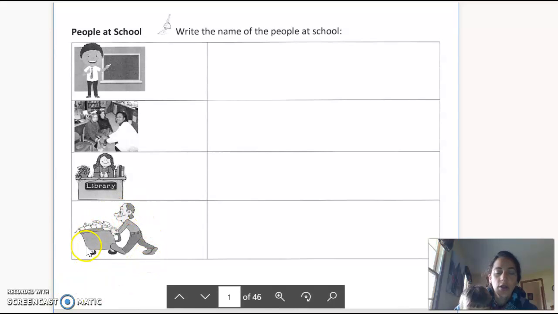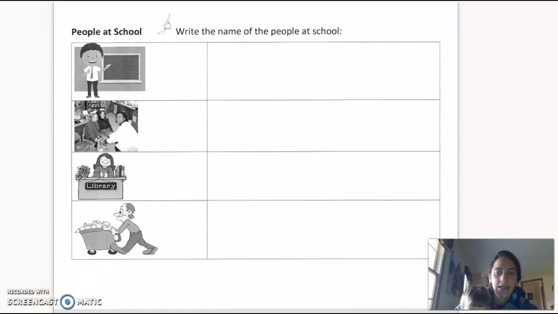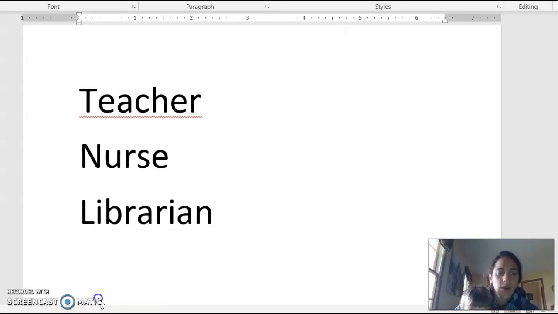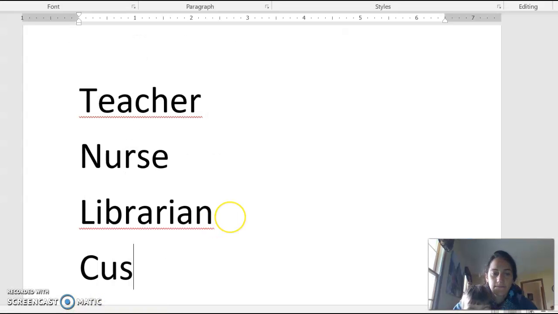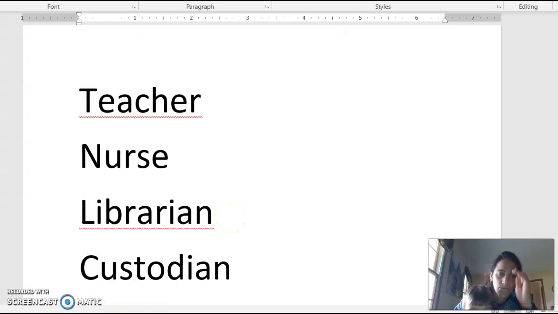A custodian is someone who fixes things at our school and helps keep it nice and clean. We also help keep it clean too. Let's write custodian. Some custodians at our school are Mr. Jewell and Mr. Luis. So these are names of the jobs of different people at our school.